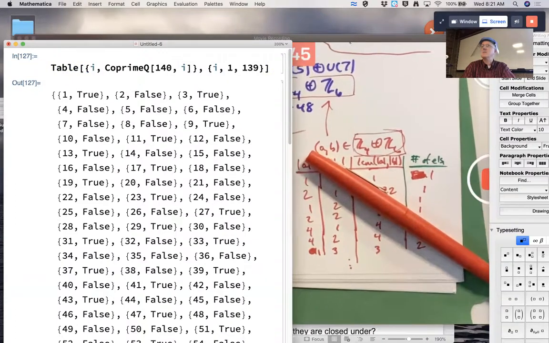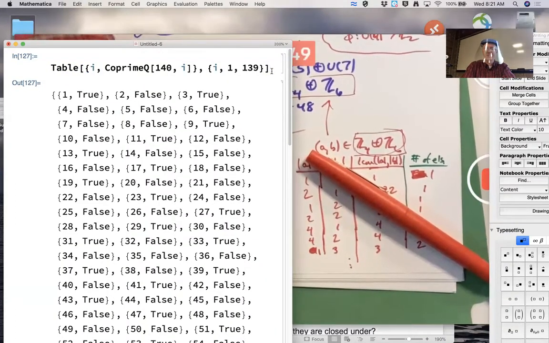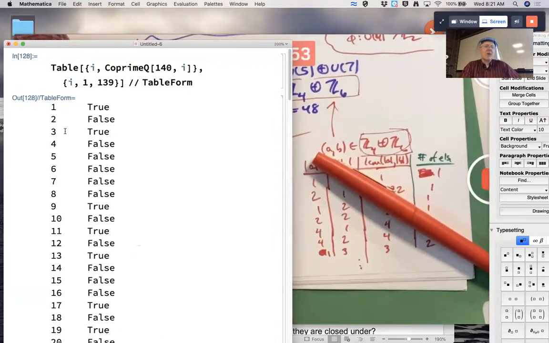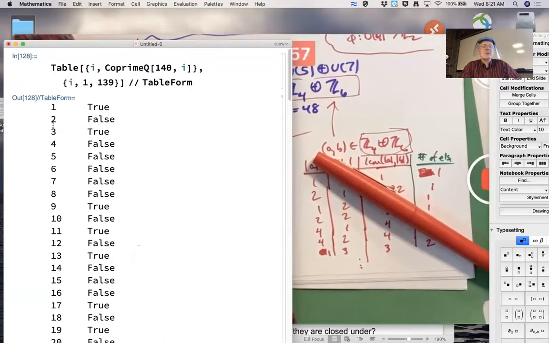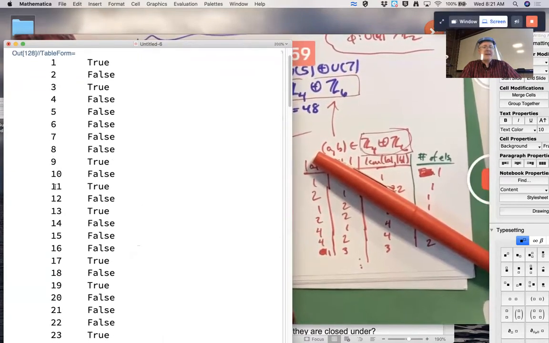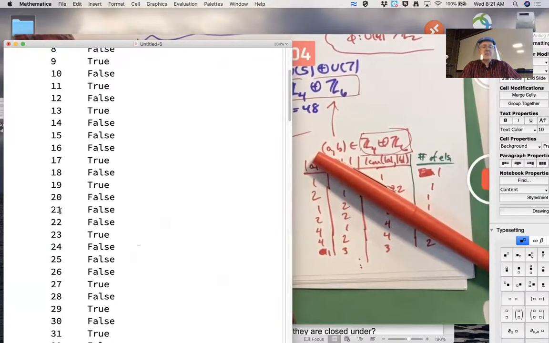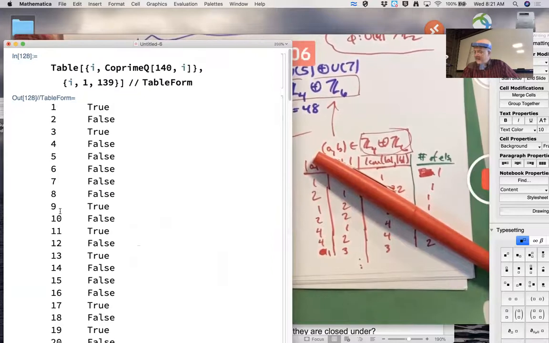We can make ordered pairs to see the numbers themselves. Could also put this in tabular form. So I can quickly see the elements of U140 here: 1, 3, 9, 11, 13, 17, 19, certainly all the primes that are not 2, 5, or 7 are in there.